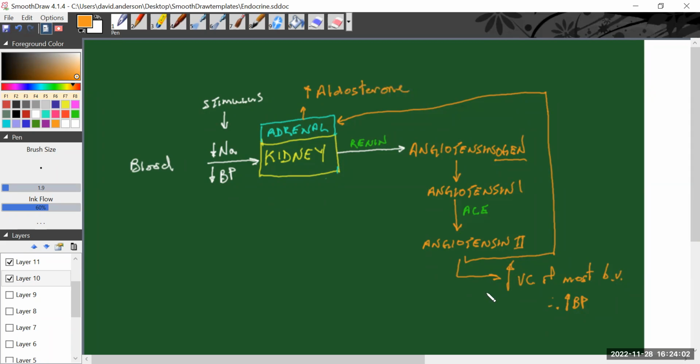So the two things that angiotensin does is it increases vasoconstriction and it targets the adrenal gland to stimulate it to produce more aldosterone. And aldosterone increases sodium reabsorption in the kidneys.